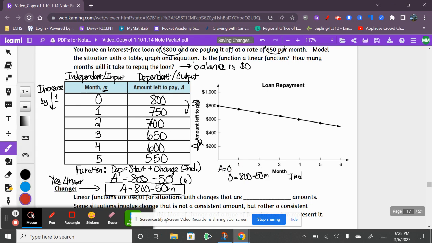To solve, I'm going to subtract 800 from both sides. So we have negative 800 equals negative 50m. Divide both sides by negative 50, and we get m is equal to 16. This would be 16 months to pay back the loan to get it to a balance of 0.